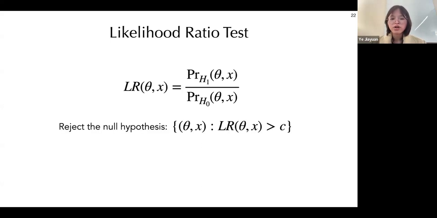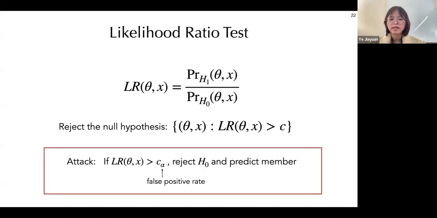If this ratio is large, it means these observations are more likely to appear in the member world, and then we predict member for the attack. We reject the null hypothesis.